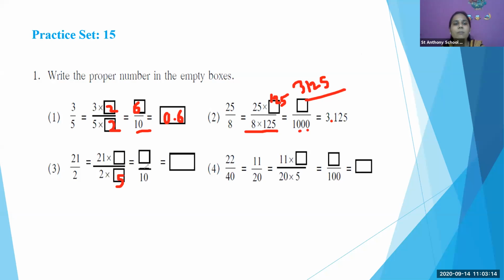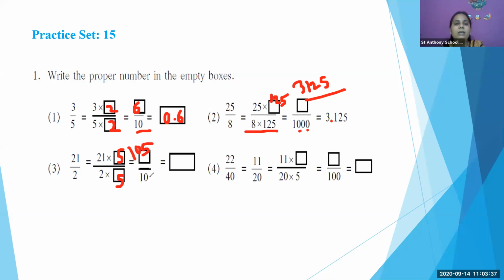Means when we multiply this 2 by 5, when we multiply the denominator by 5, we multiply the numerator by the same number. Now 2 5s are 10 and 21 into 5 means what? 5 1s are 5 and 5 2s are 10, means 105. Now after which digit am I supposed to put the decimal point?